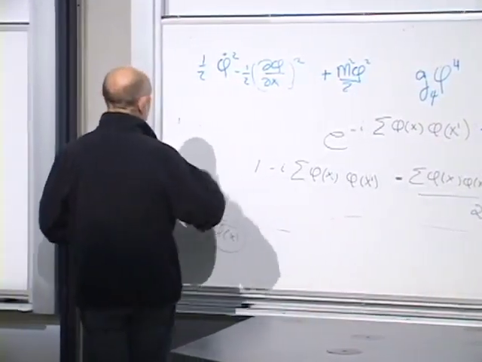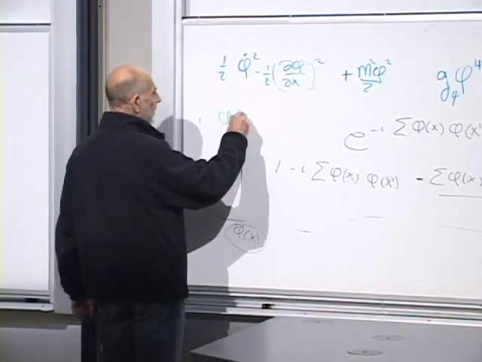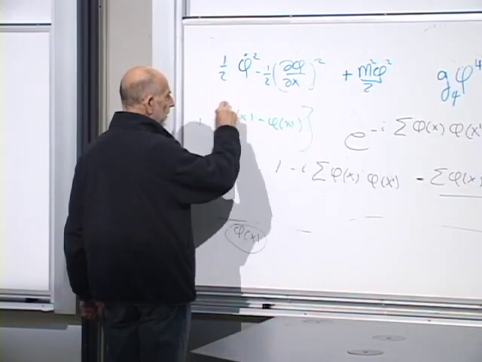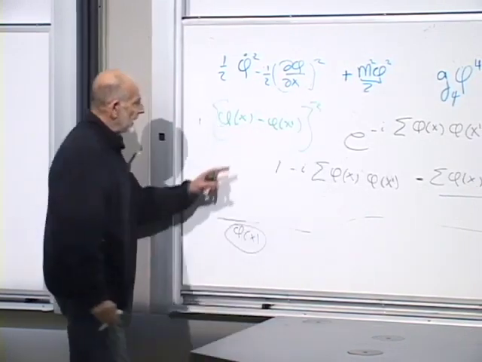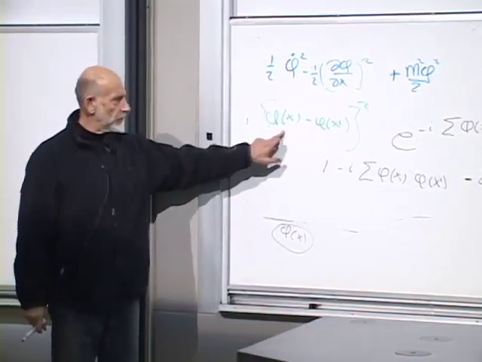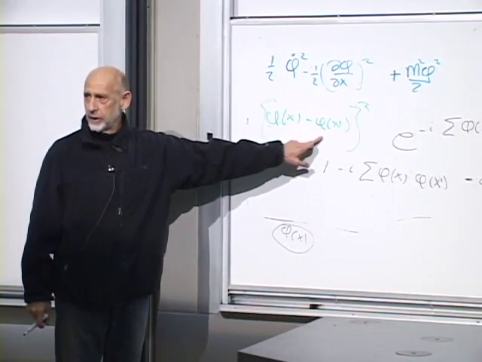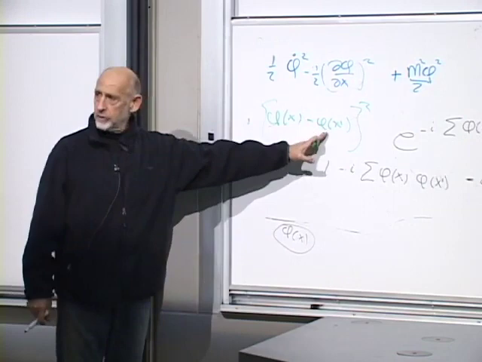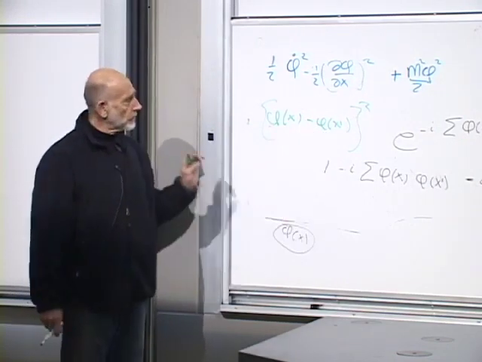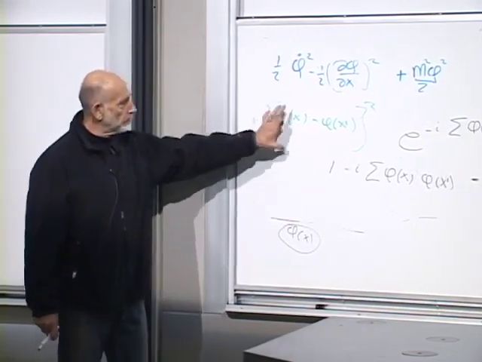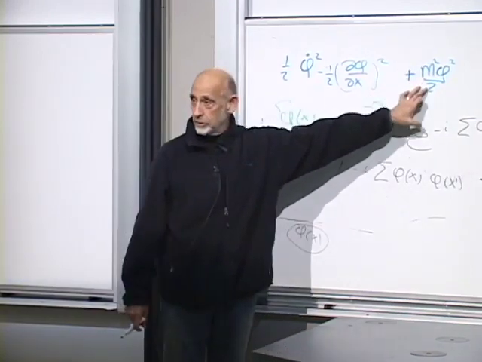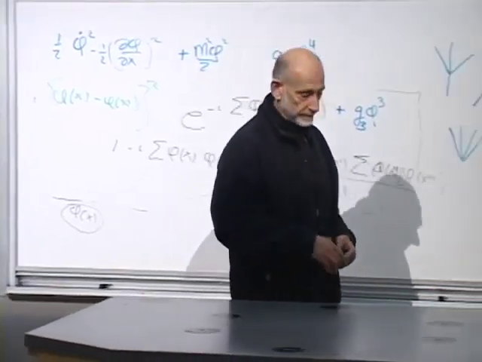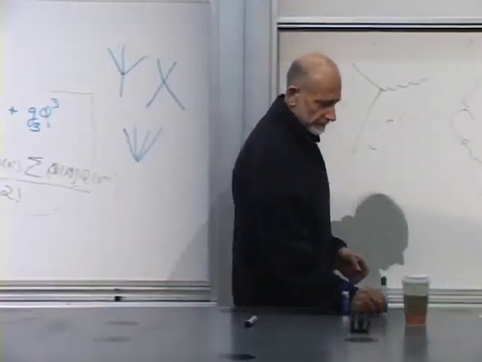When we wrote down phi of x minus phi of x prime squared, that did have terms in it like phi of x squared and phi of x prime squared. Those are terms where the particle stands still. The cross terms are the ones where it moves. So there are terms where the particle stands still, both from this and from the mass term. Right? Yeah. Okay.